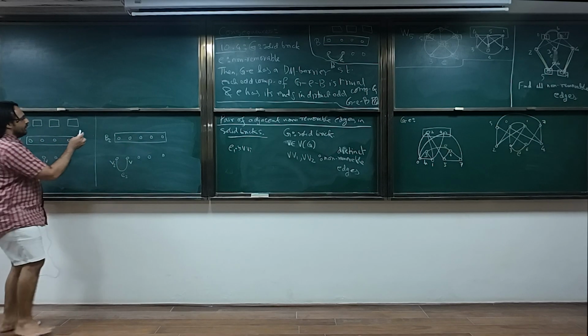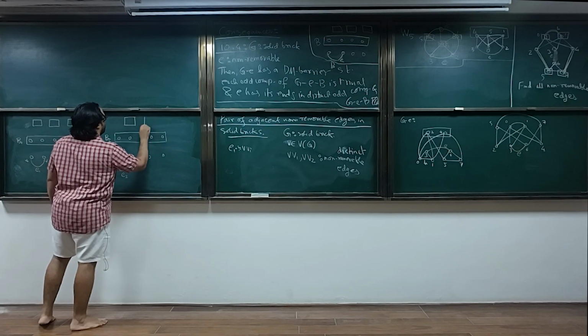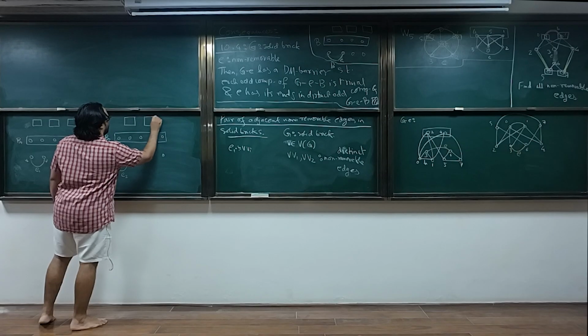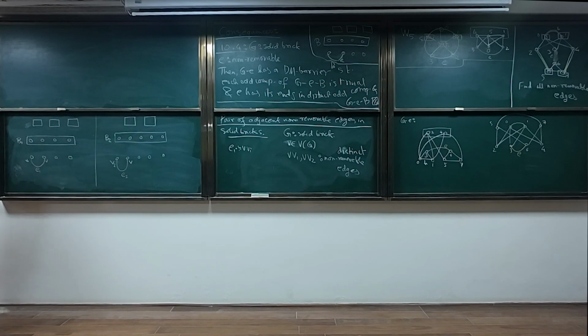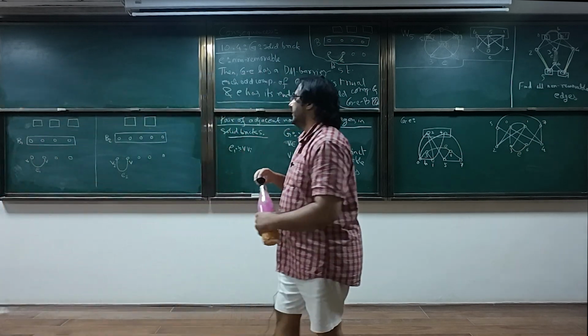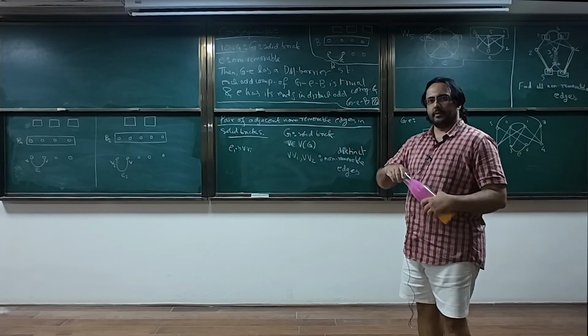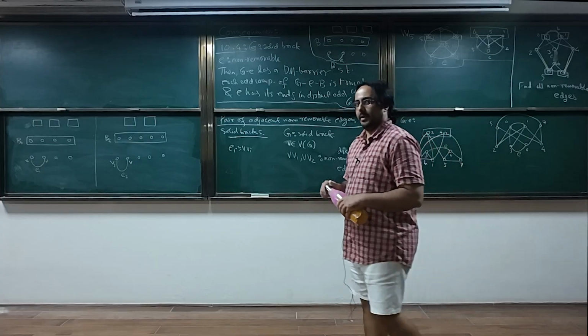And there may be even components. All good? These are just two drawings of G with respect to the two non-removable edges E1 and E2.